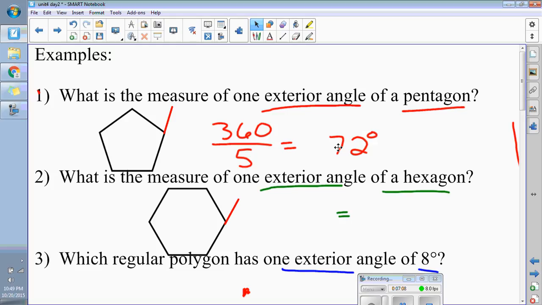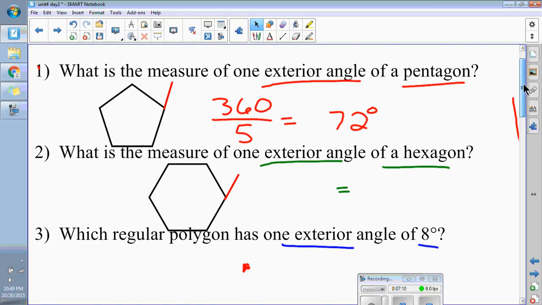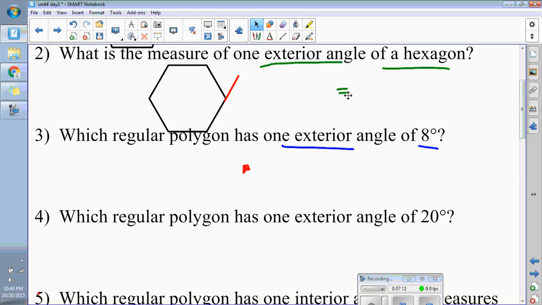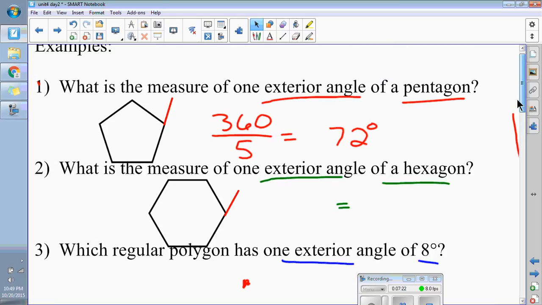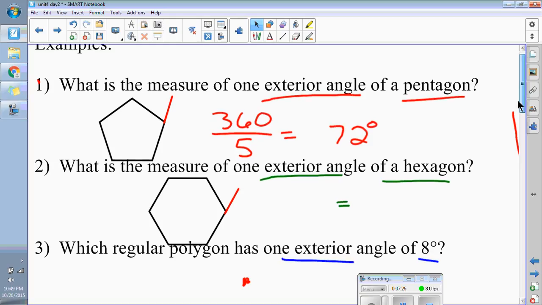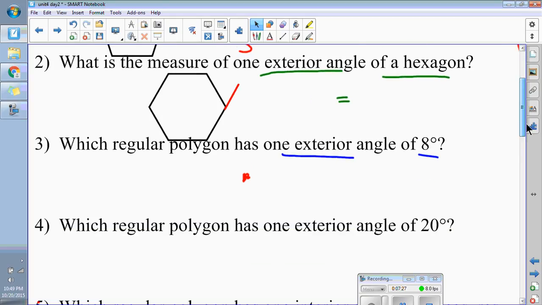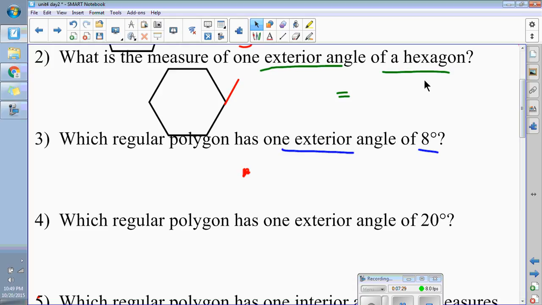Okay, moving along, we're looking at number 3. Which regular polygon has an exterior angle of 8 degrees? Well, this one is slightly different from the first one we looked at. In that one we knew how many sides there were when we were looking at the angle. This time we know the angle and we're looking for the sides. We're going to do the exact same thing.